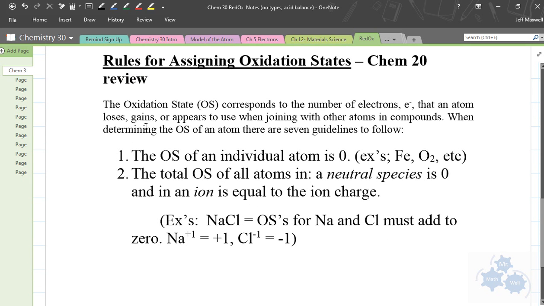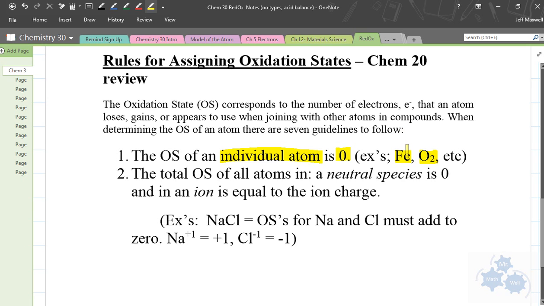The first rule states that if you have a lone element or an individual atom in a chemical reaction, then the oxidation number, or oxidation state, OS, is 0. So if you have solid iron reacting with oxygen, both of these would have an oxidation number of 0.